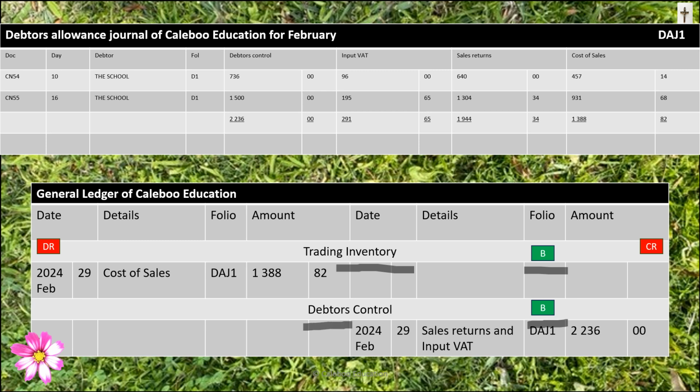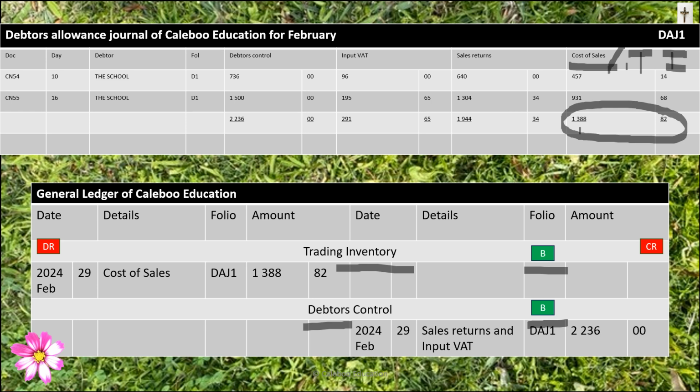So as a result of these transactions taking place, I'm going to assume all stock was returned to us. And I have mentioned before, I would prefer it actually if the textbooks said cost of sales trading inventory, because this total of the cost of sales column goes to two accounts, cost of sales and trading inventory.